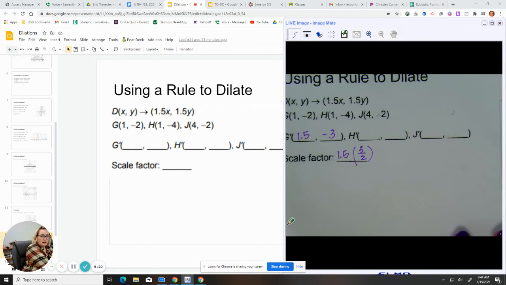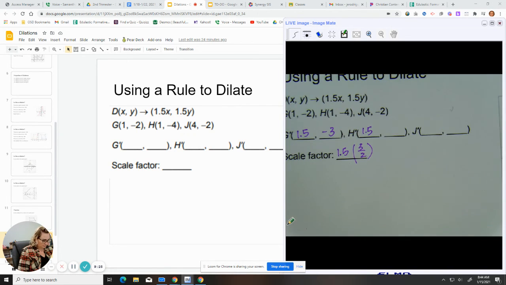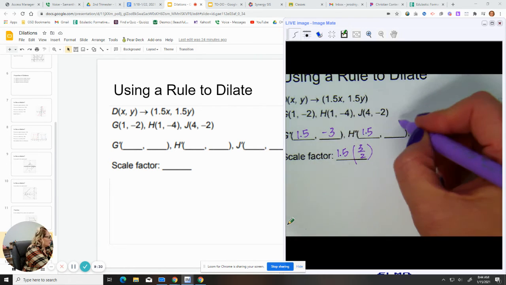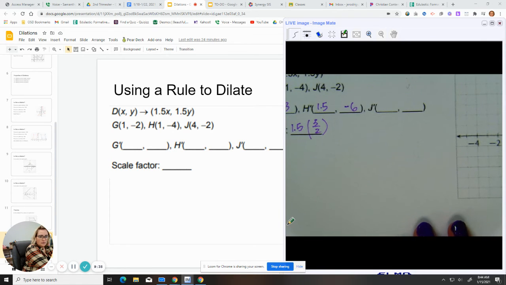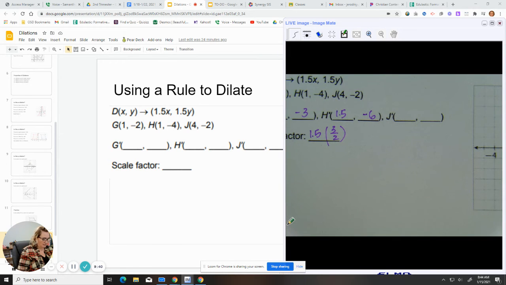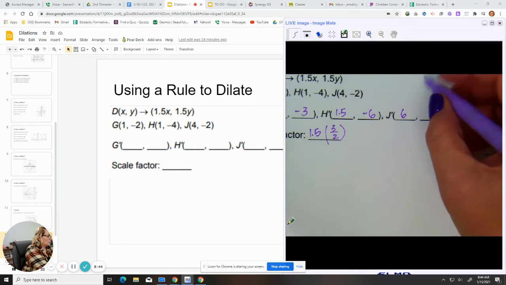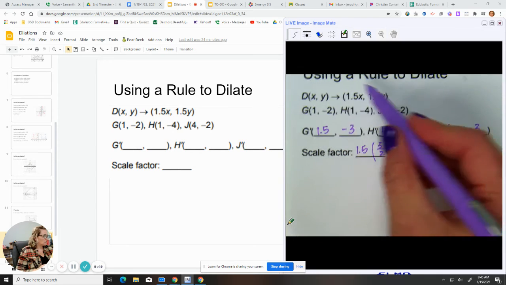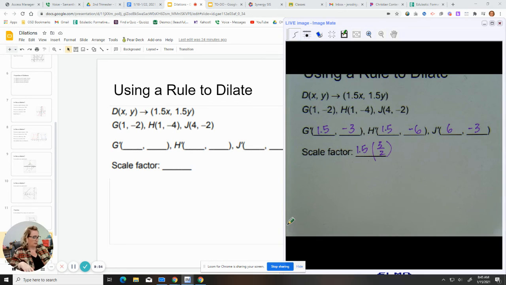This second one is going to be 1.5 times 1, so 1.5, and then 1.5 times -4, which is -6. And then this last one, 4 times 1.5 is 6, and -2 times 1.5 is -3. So that is how you would use the rule with the scale factor to be able to find new points.